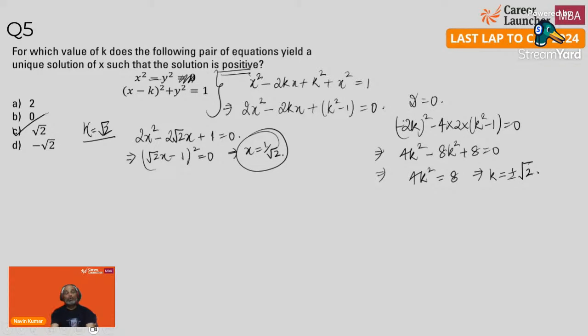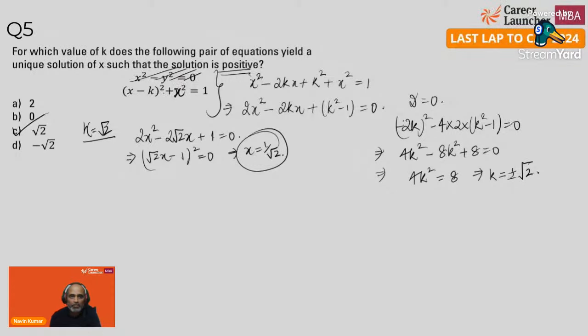Now, what would be the alternate approach if I do not want to go via this route? So what I will do is I'll start from the options, right? I'm going to use the first one, but all I'm going to use it for is replacing y with x here.